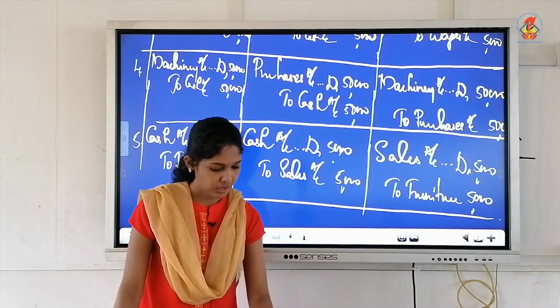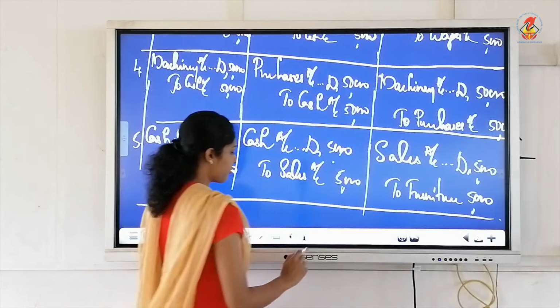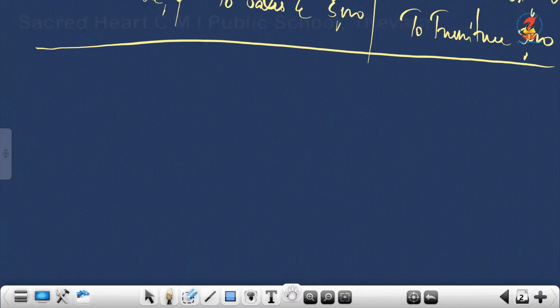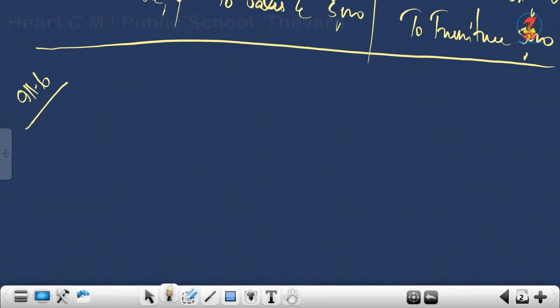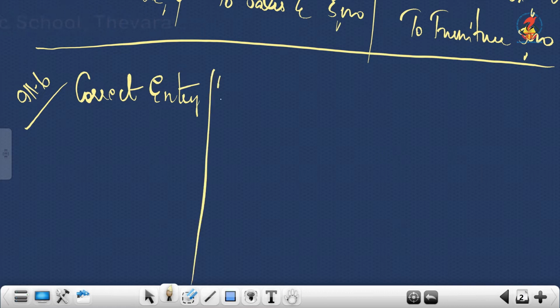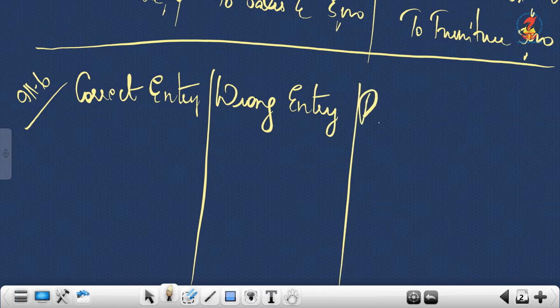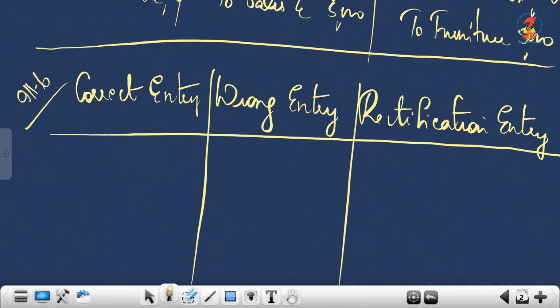We will work out illustration number 6. The first transaction, okay, you draw a separate format for that. The first transaction, credit sale of rupees 5,000 to Ram, omitted to be recorded in the books.